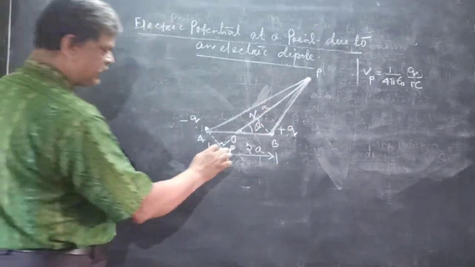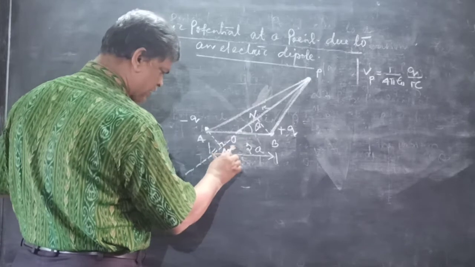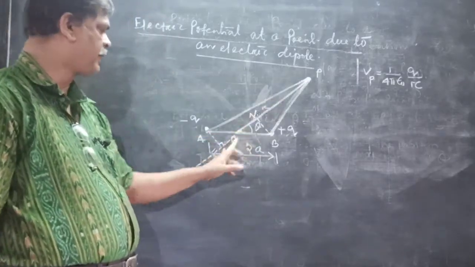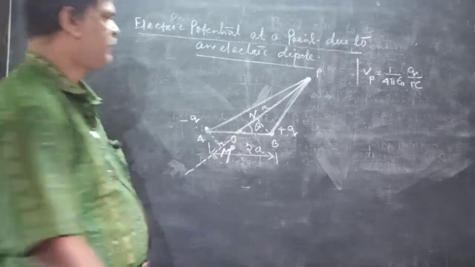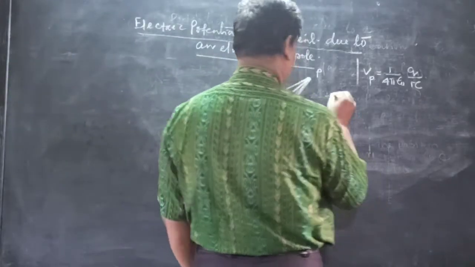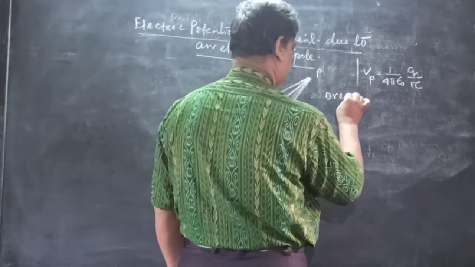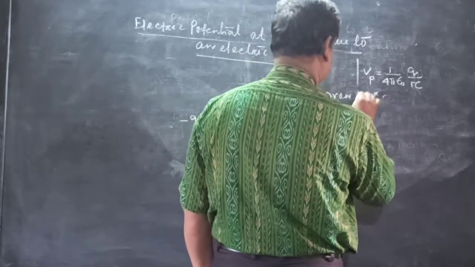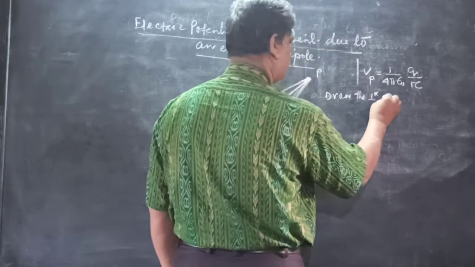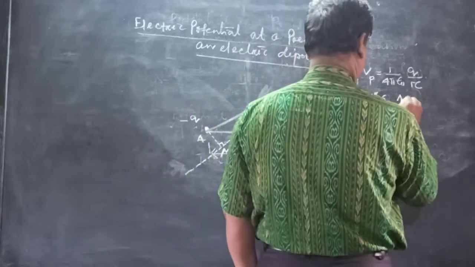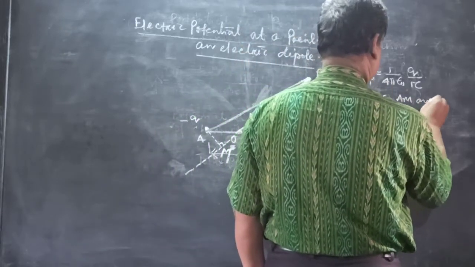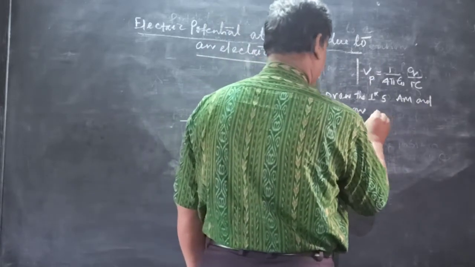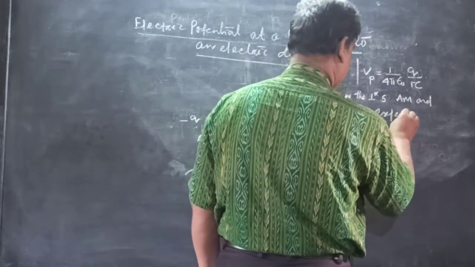Draw the perpendiculars AM and BN on the extended OP.